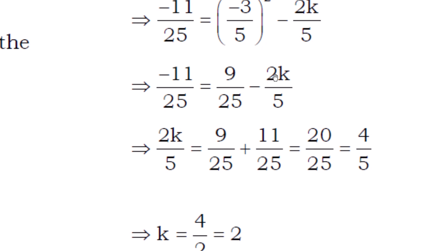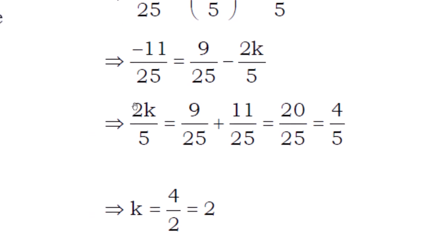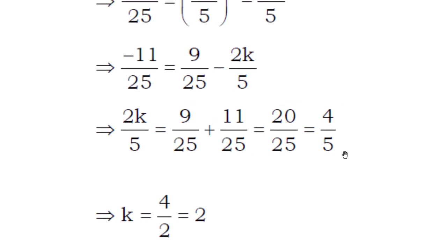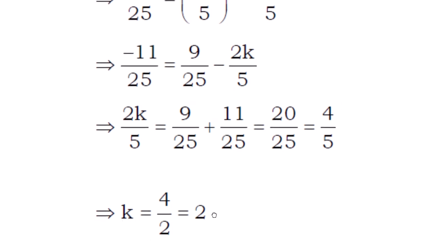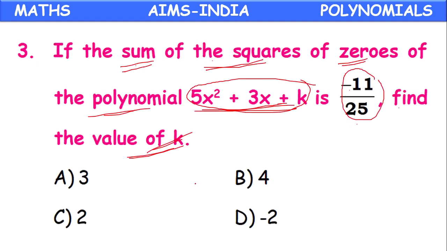If we take 2k by 5 to the left hand side and 11 by 25 to the right hand side, it will become positive. Common denominator 25, numerators we can add directly, 20. 5 4 times, 5 5 times. So 2 times 4, 5 5 cancel, 2 will come down. K equals 4 by 2, that equals 2. So the k value is 2. So C option, k value 2.